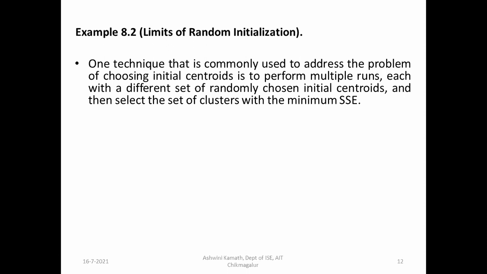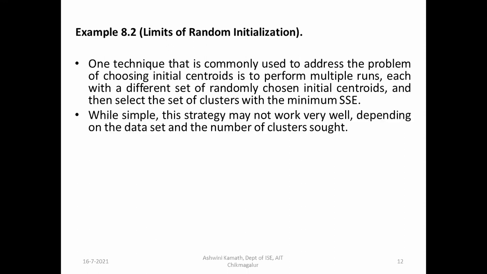For each run, we select a different set of initial centroids, calculate the sum of squared error, and then select the set of clusters with the minimum sum of squared error. That is another method.